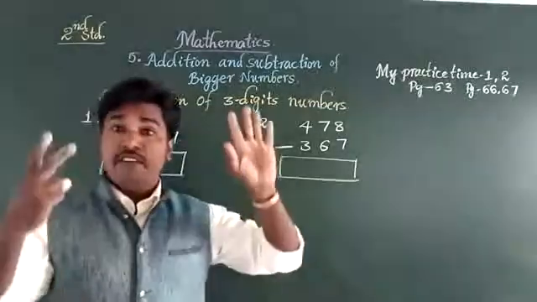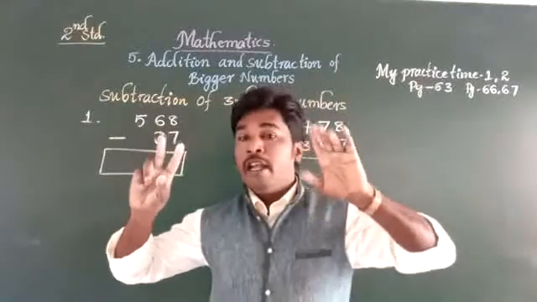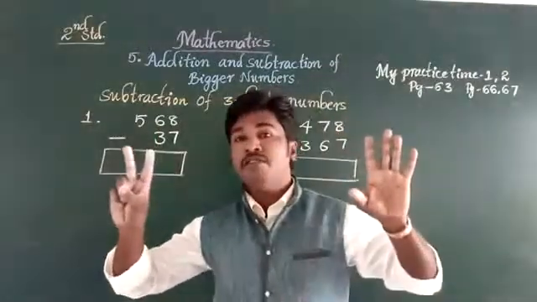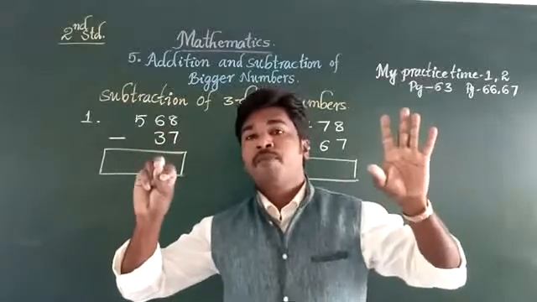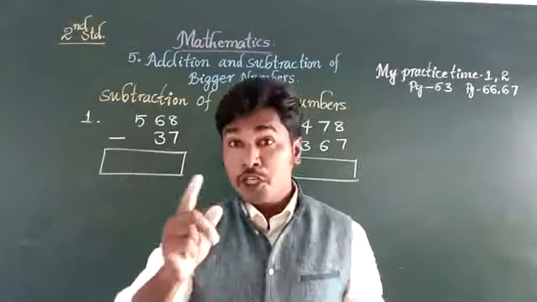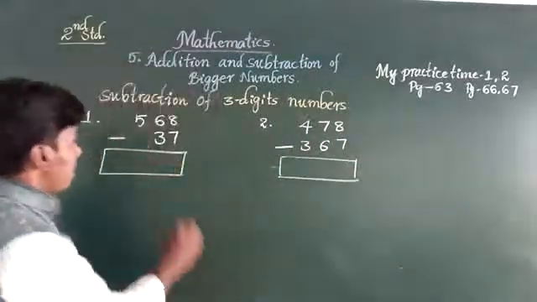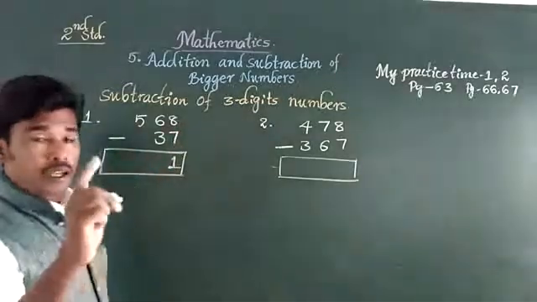Take out 7 fingers. Before 8: 7, 6, 5, 4, 3, 2, 1. Which number did you get? You got 1. Or directly you can say that 8 minus 7 is 1.